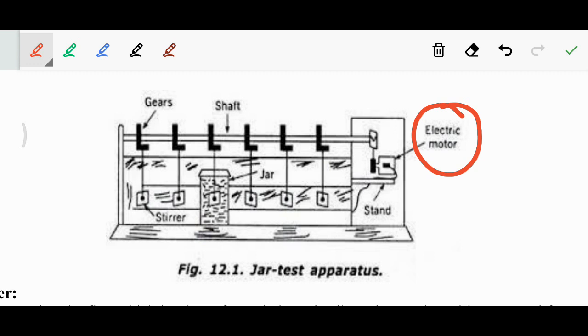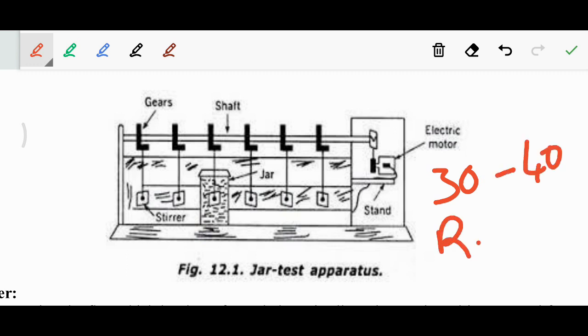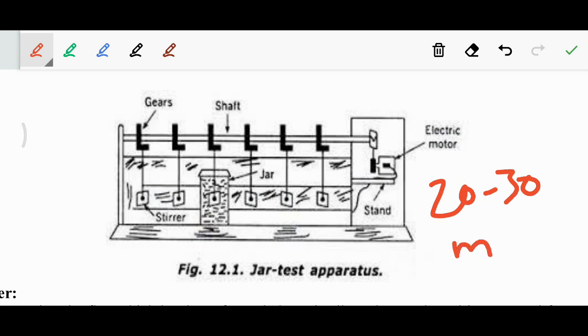For the first 10 minutes we set the electrical motor to 30 to 40 RPM, rotations per minute. After 10 minutes we reduce the speed to about 20 to 30 RPM.